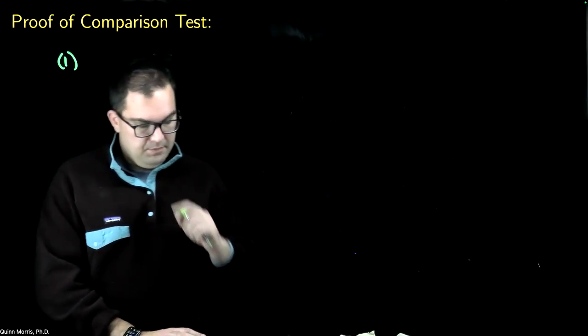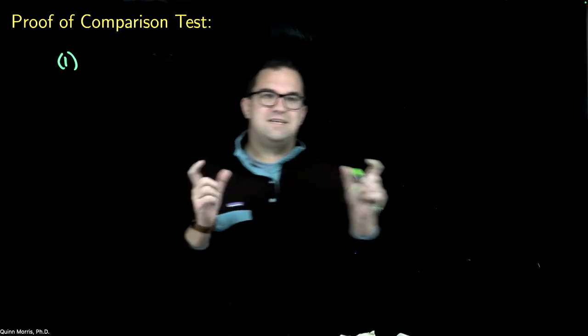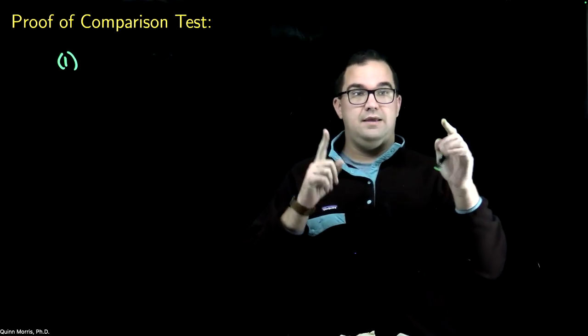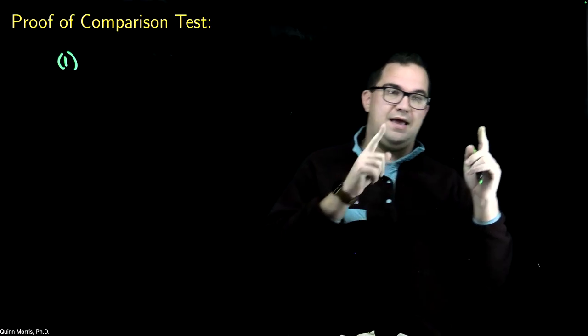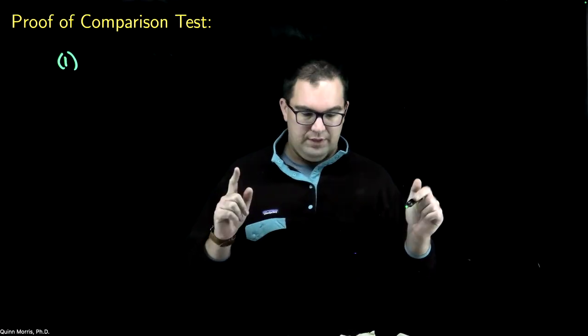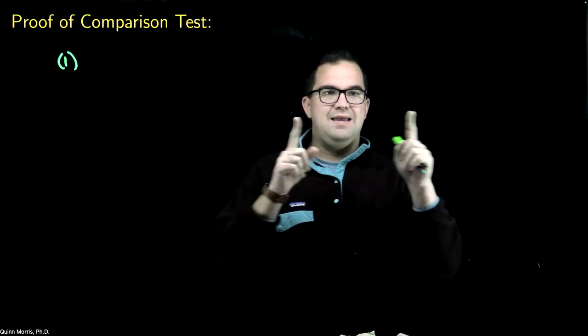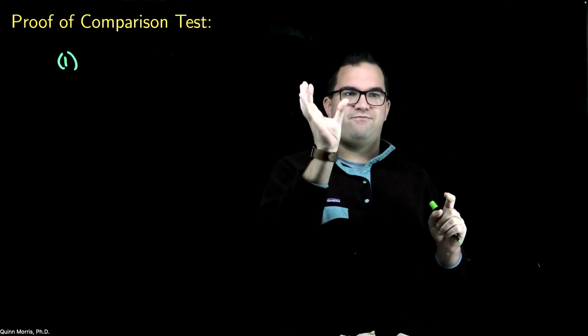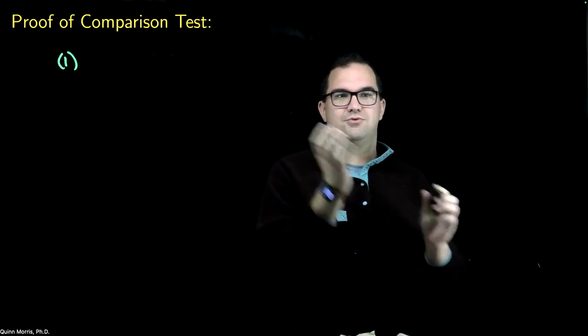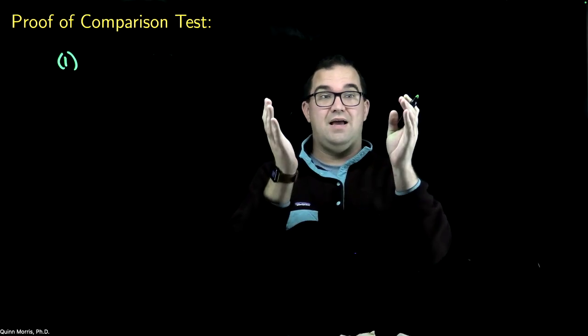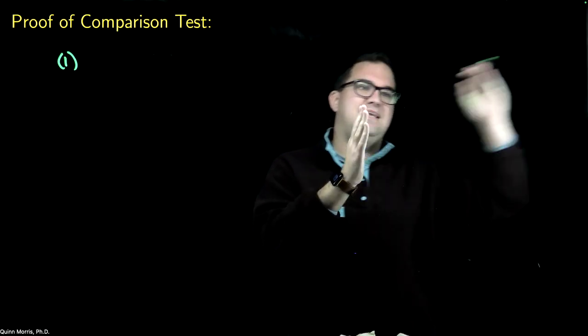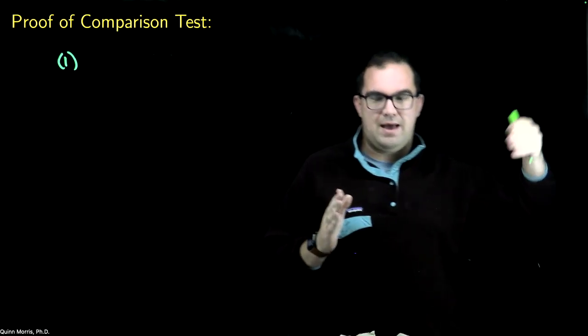Now we have this condition, the inequality 0 is less than a_n is less than or equal to b_n, that needs to hold eventually. Now, for any infinite sum, any finite chunk of terms at the beginning doesn't really matter because it's just a finite sum, right? It's the infinite bit at the end that really matters.